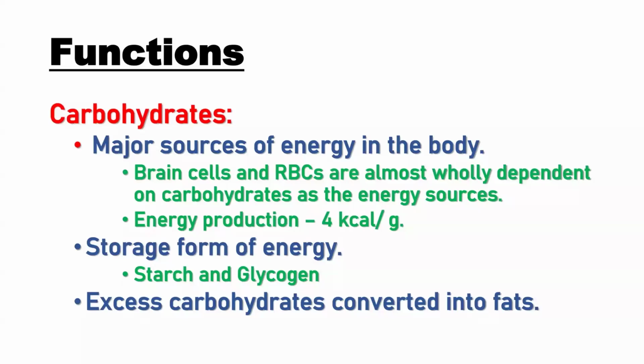And of course, when the carbohydrate is in excess, you get enough energy that you need to carry out the physiological functions. And then you also have glycogen. You convert some of that carbohydrate into glycogen.